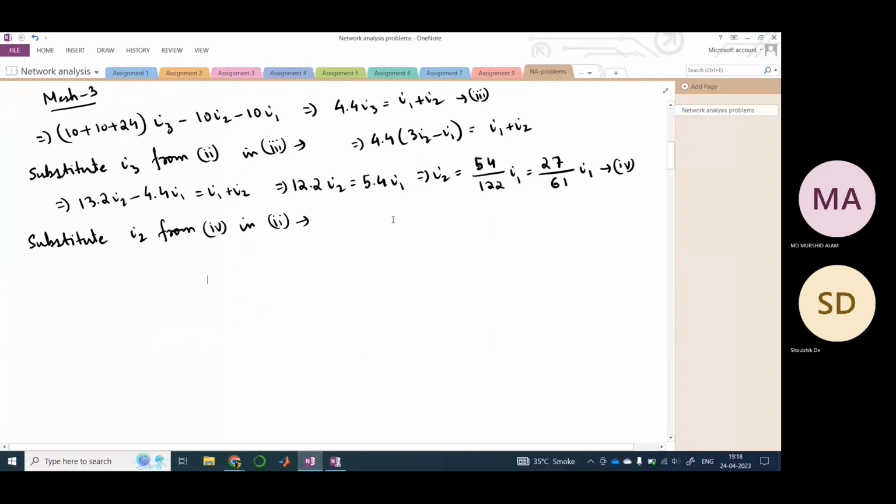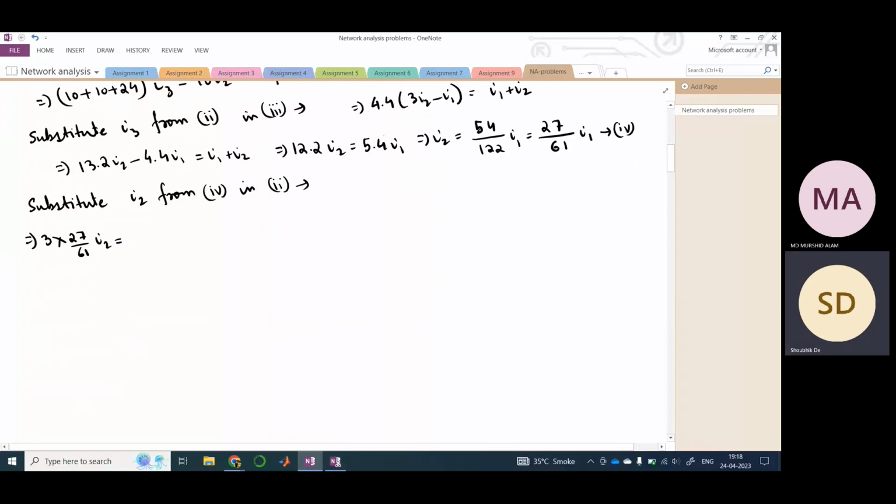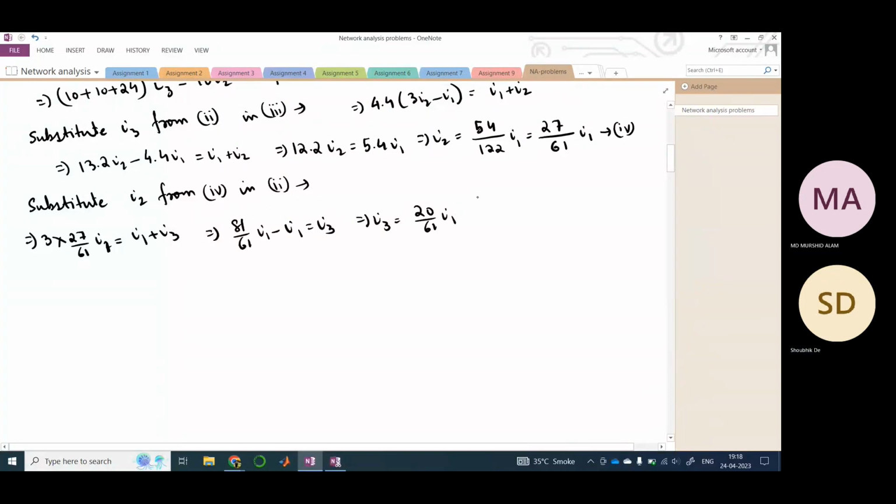So then it would be 3 into 27 by 61 I1 is equal to I1 plus I3. So this is 81 minus 61 by 61 I1 equals I3. Therefore, I3 is 20 by 61 I1, right? So this is equation number 5.